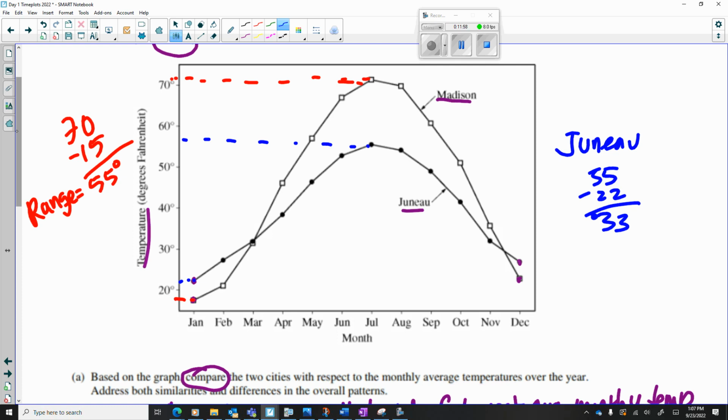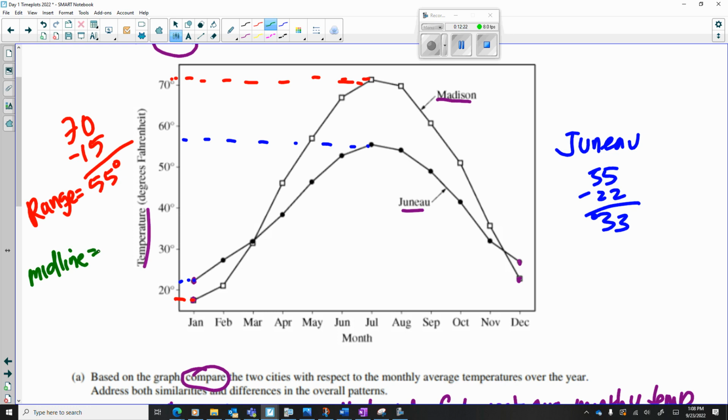Then the last thing that we can find is called the midline. So to find the midline, you guys learned this in Algebra 2. If you took Algebra 2 and trig, when you did the trig curves, the sine and the cosine curve, you learned about this. You could find the average of the maximum and the minimum. And that's going to be the midline or the median or the average, the mean.